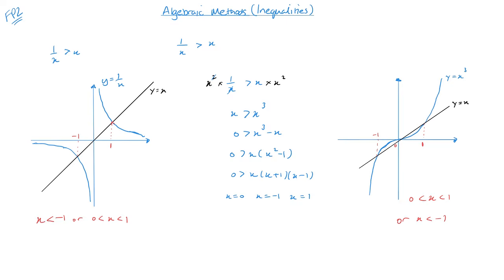So multiplying by the x squared didn't change our solutions, but multiplying by x did. Okay, and it's all down to the fact that that variable could take a negative value, and multiplying or dividing by a negative value changes the inequality.